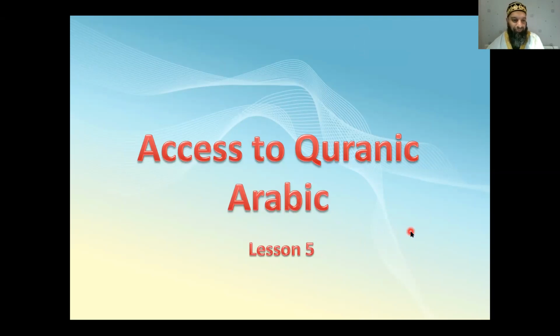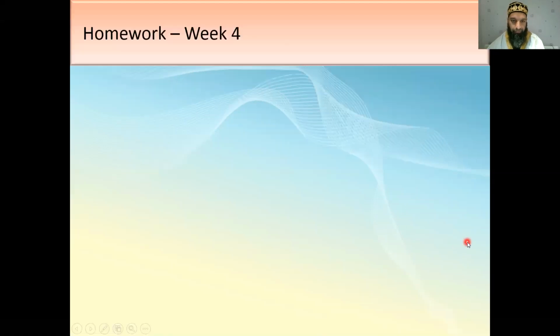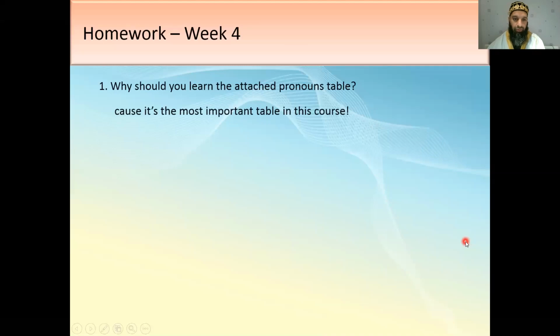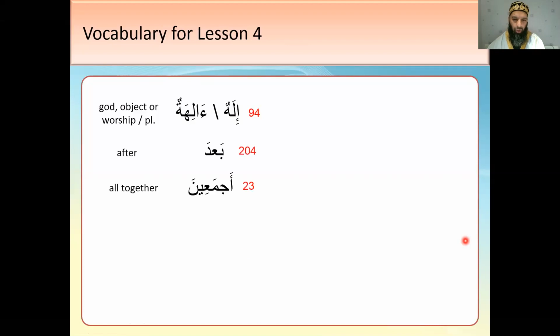Right, so there was lesson 5, lesson 6 and lesson 7. Three lessons that we're going to do the revision of today, inshallah. This was the homework. We've done the homework, so I'm not going to go over the homework or the words.